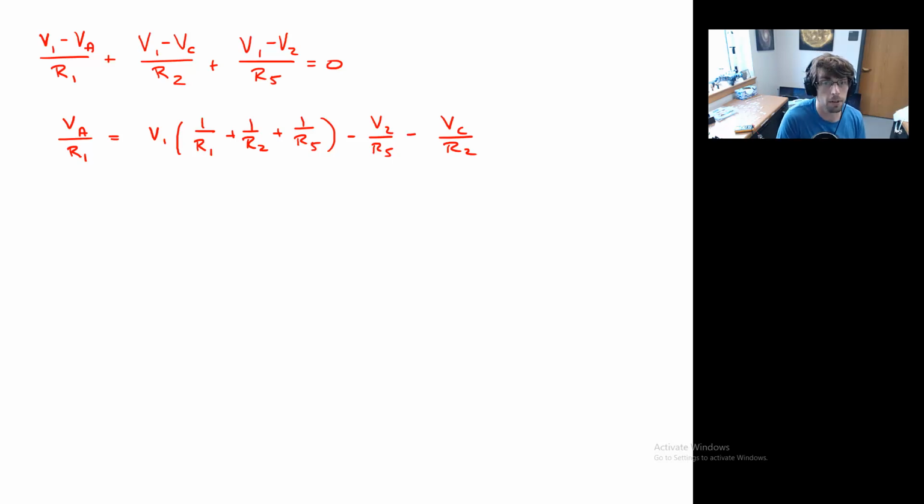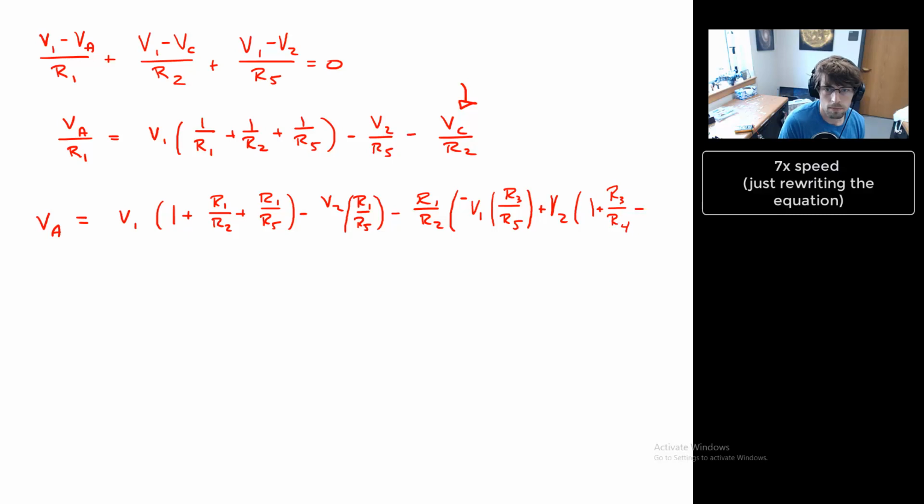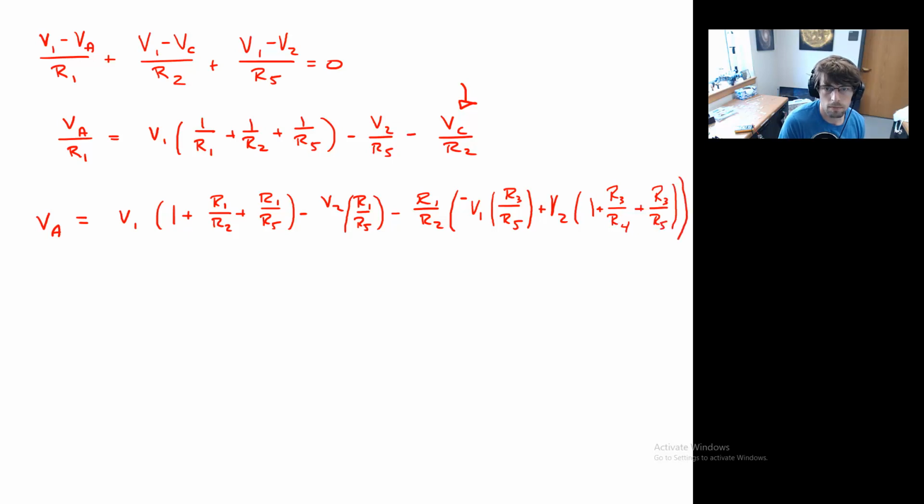But now we go ahead and plug in our VC expression. Not to worry. And now we notice we have a double negative for the first term, so I'll combine like terms in V1.